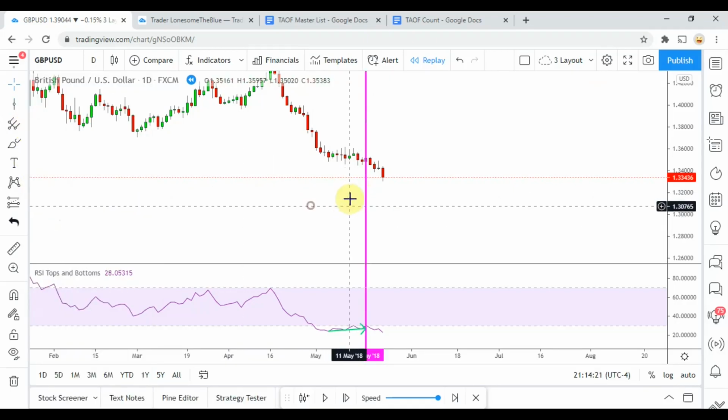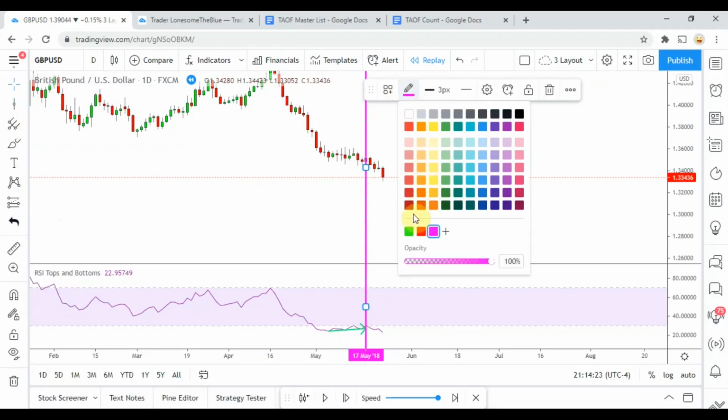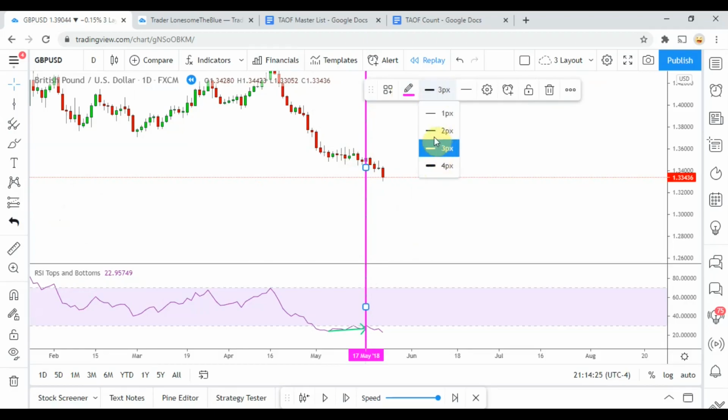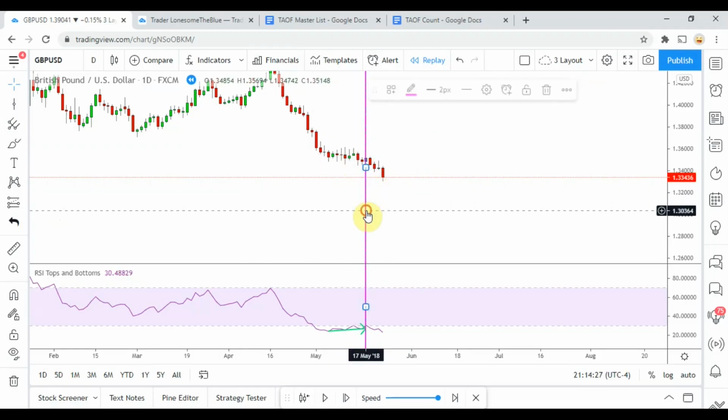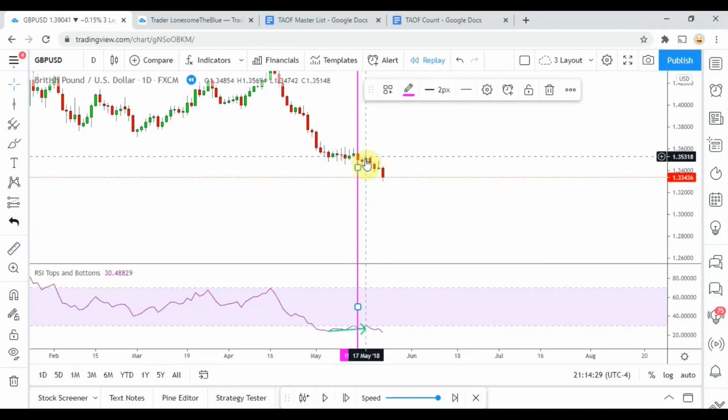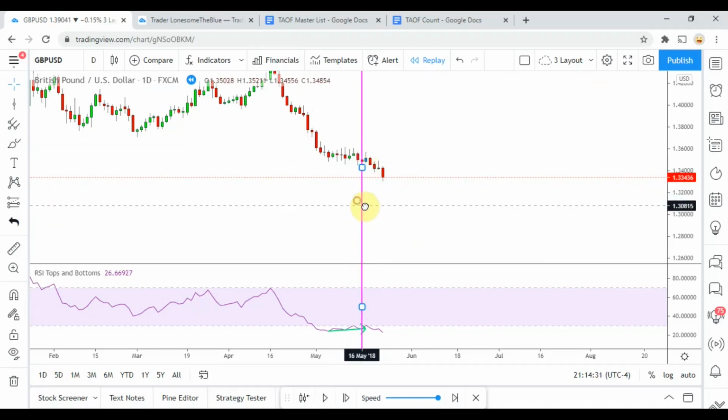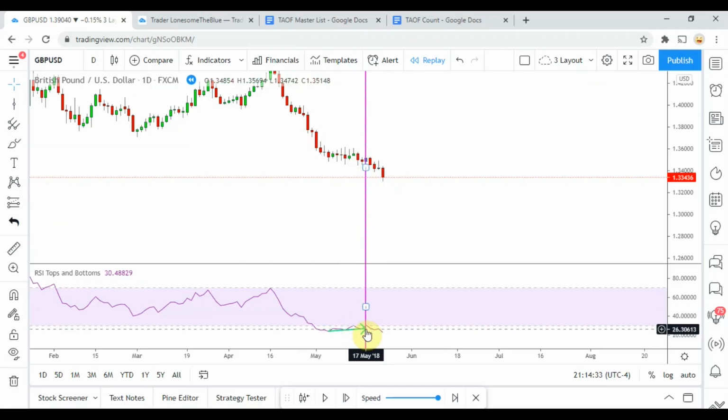You can actually see that it colors the candle a different color. This candle right here is actually colored blue. So that is giving me the signal at that point that that would be a long signal. So green arrow here, long signal.